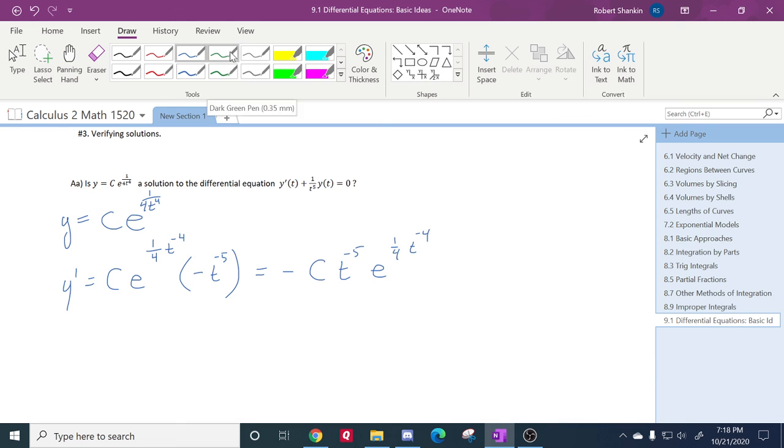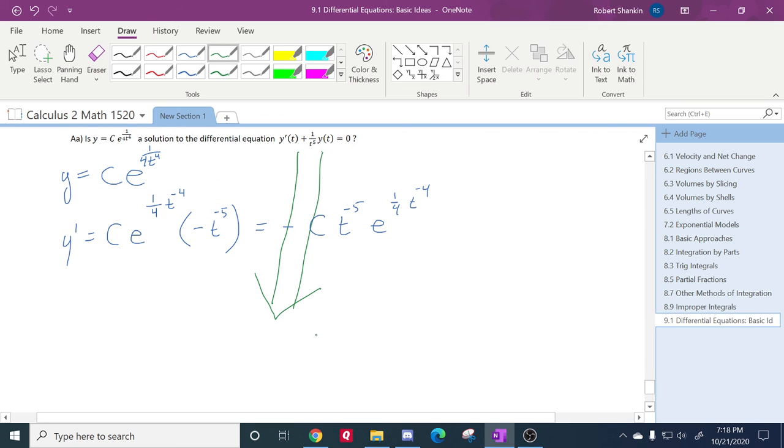Well, what I do is I take this differential equation and I rewrite it, but I substitute. When I see y prime, I'm going to put this. When I see y, I'm going to put this, and see if this turns out to be 0.